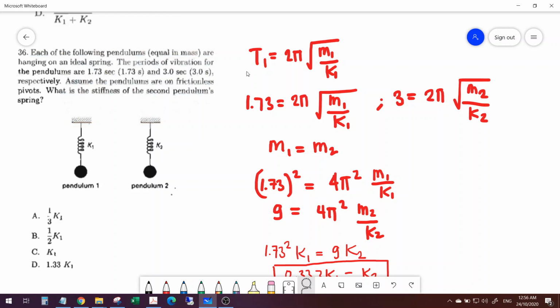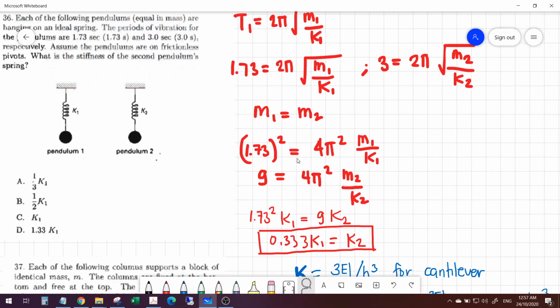Since they have equal mass, we can lay down the formula and plug in the corresponding period. For T1, 1.73 equals 2 pi square root of mass 1 over stiffness 1. For the second system, 3 seconds equals 2 pi square root of mass 2 over K2. But mass 1 is equal to mass 2.